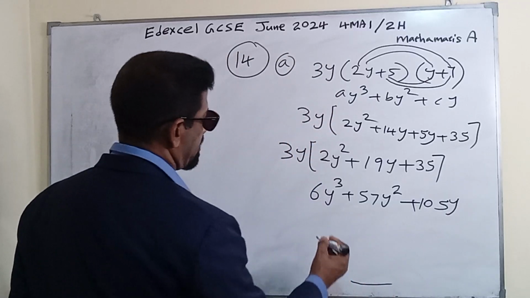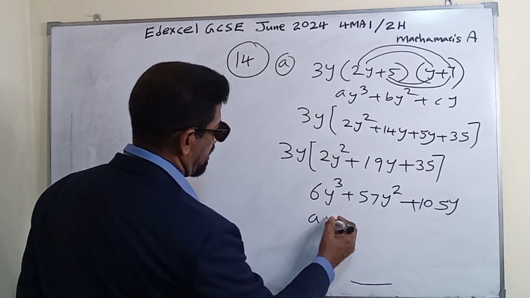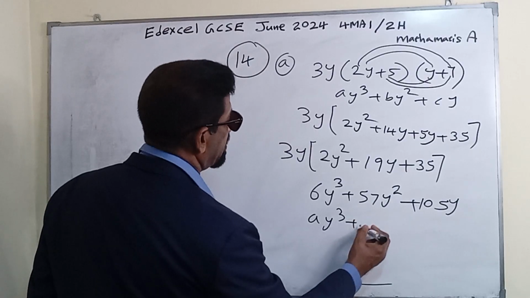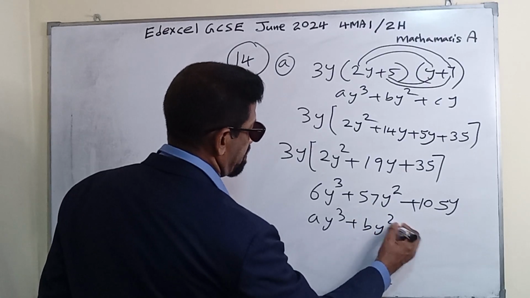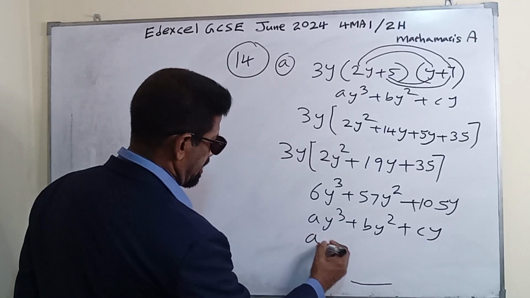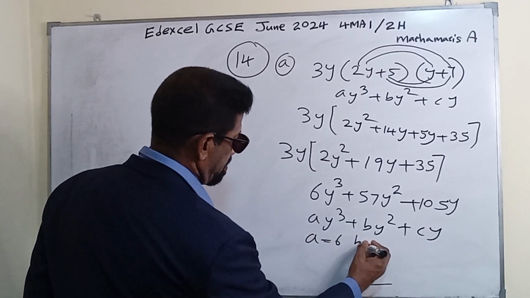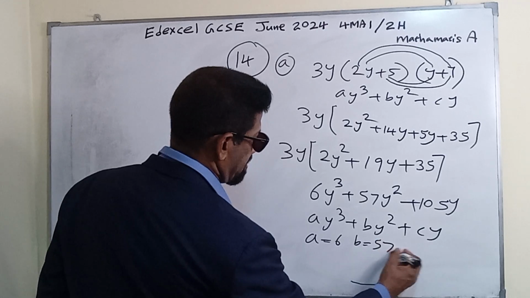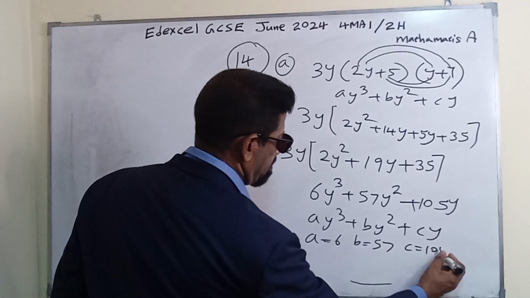Now we expect a y to the power of 3, b y to the power of 2 and c y. So a is 6, b is 57, c is 105.